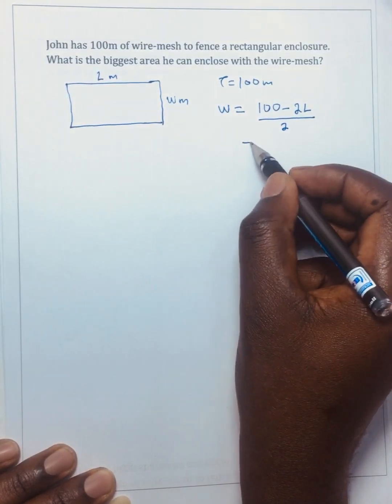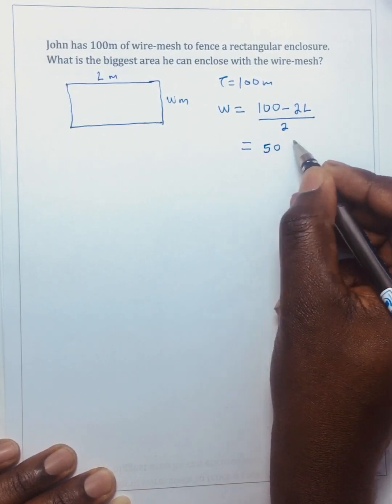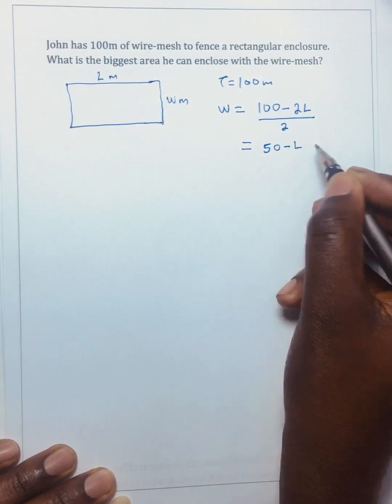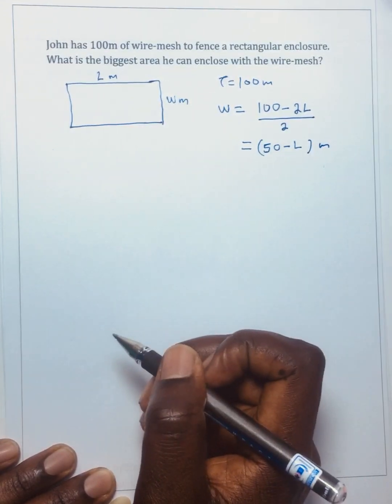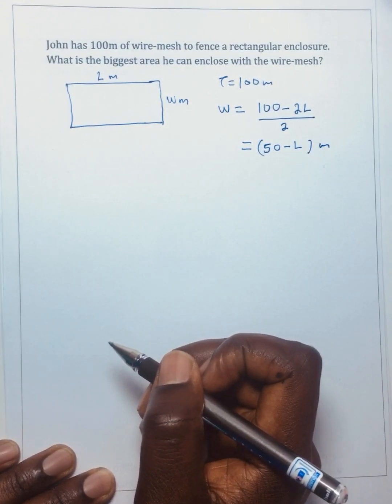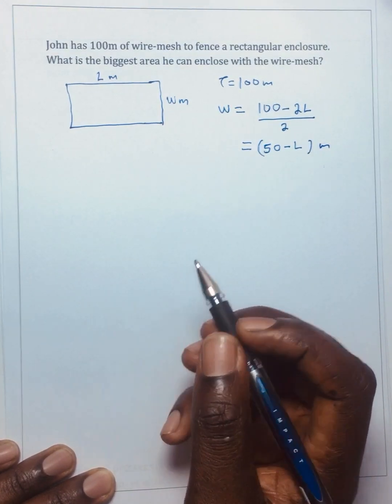So you can simplify that. 2 is a common factor there, so you will have 50 minus L meters as the width. So from there you will try and get the area.